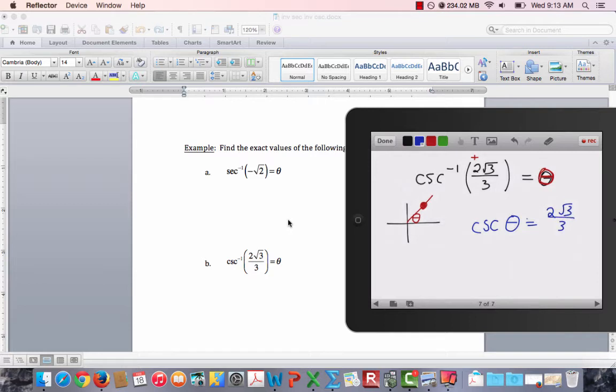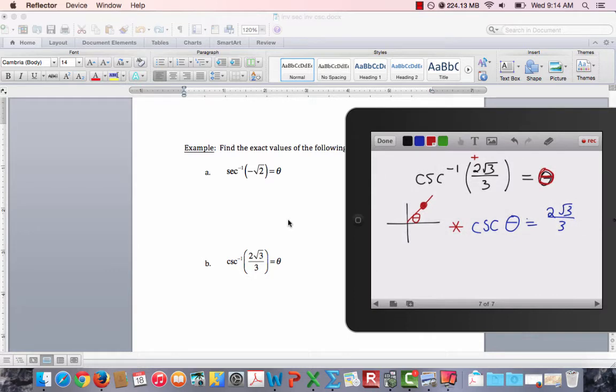So we may or may not be super familiar with it in this particular form. A function that we're a little bit more familiar with is sine. And so we can express this in terms of sine if you wish. However, something that's important to notice is that if we're going to express this in terms of sine, we really need to be working with the regular cosecant function instead of the inverse cosecant function, which is a little bit trickier.